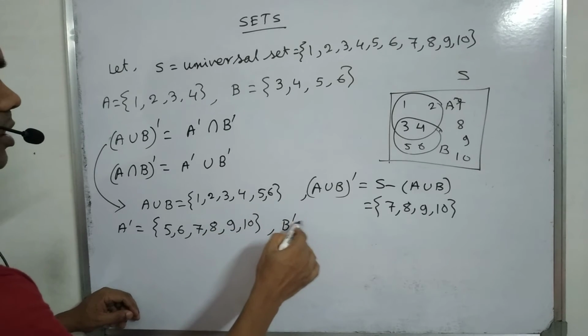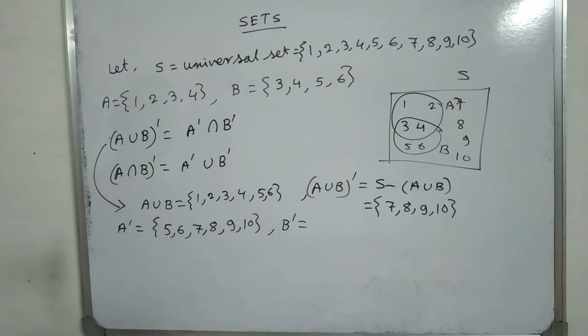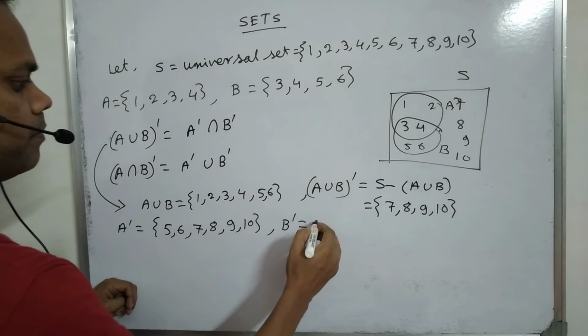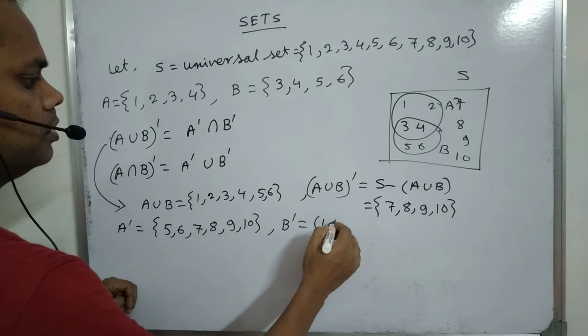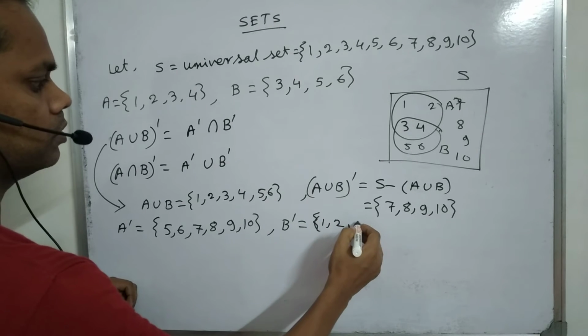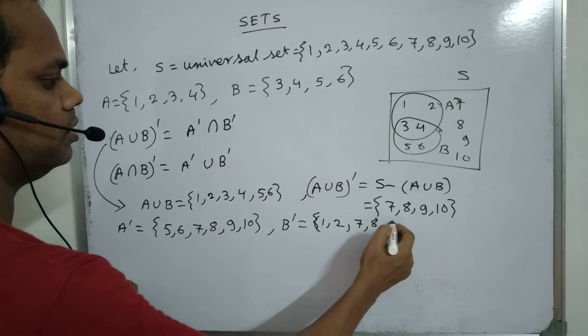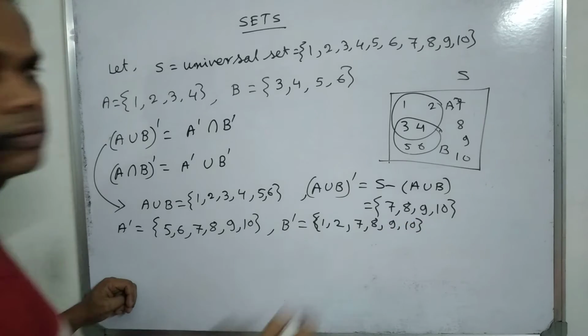B complement is outside of B: 1, 2, 7, 8, 9, 10.